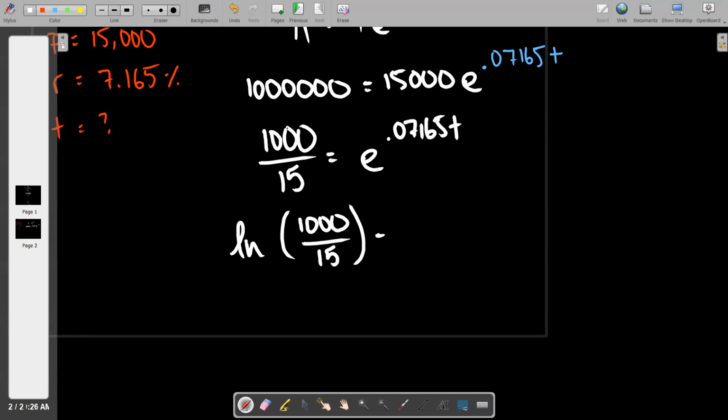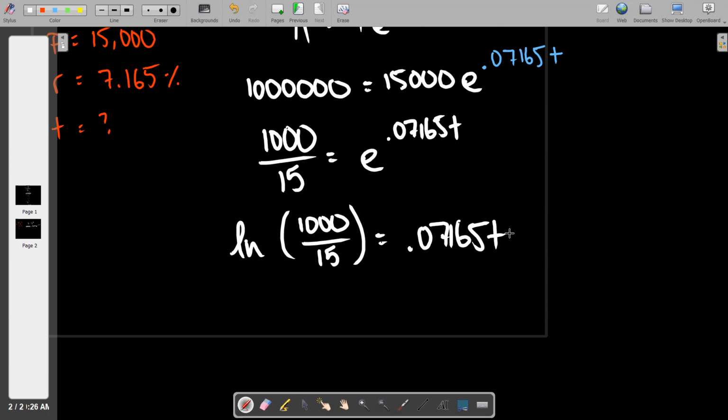And on the right side, I'm just going to have 0.07165 times t. Look at me skipping steps. Don't yell at me. But you know that if we natural logged the right side, we would have brought down the exponent and it would have been multiplied by the natural log of e, which would have just gone poof, bye-bye anyways. So we arrive at this point. Simple pimple, huh? These PERT problems are nice because you don't have all the parentheses and plus this and that.